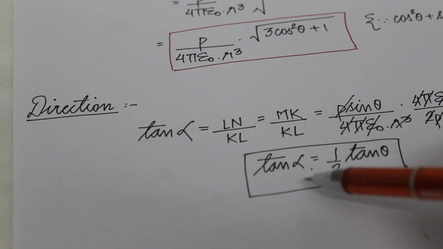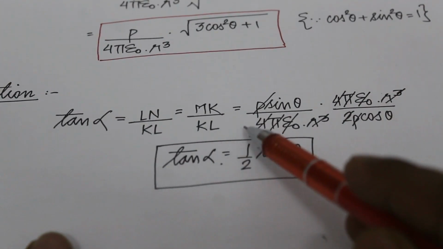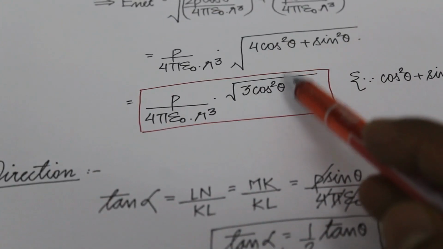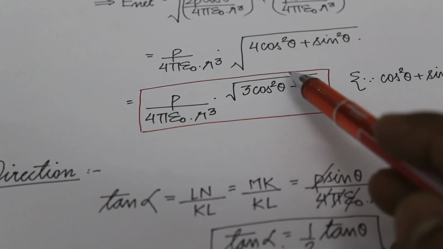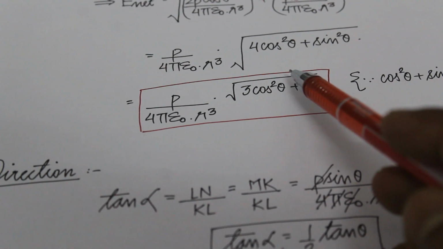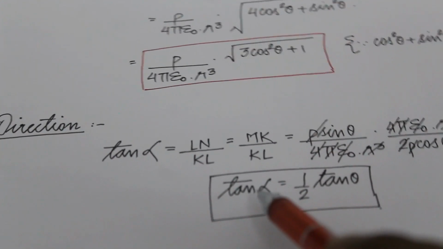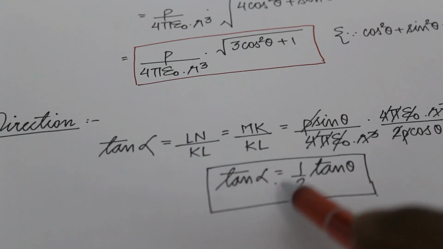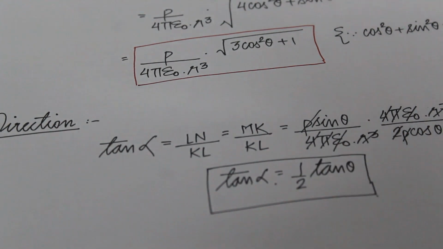Finally, putting the formula values, I get tan alpha is equal to half tan theta. So by using this formula, I can find out electric field intensity at any point due to a short dipole, and its direction will be given by tan alpha is equal to half tan theta.